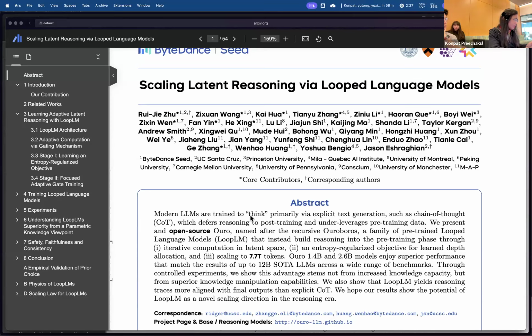Now, the second question you asked is about whether such looped language models might replace chain of thought.